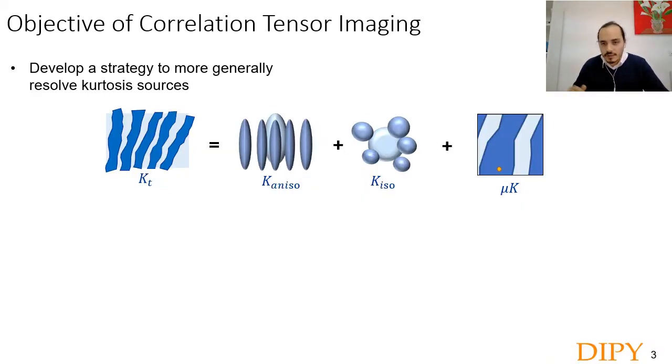If you got lost with all this information, the main idea here with the correlation tensor, the take-home message, is that we are trying to develop a strategy that will decouple kurtosis sources not only into two sources related to variances, but into three sources. So we will still estimate K aniso and K iso, but then we will have an extra term that will estimate any deviation from this Gaussian picture.